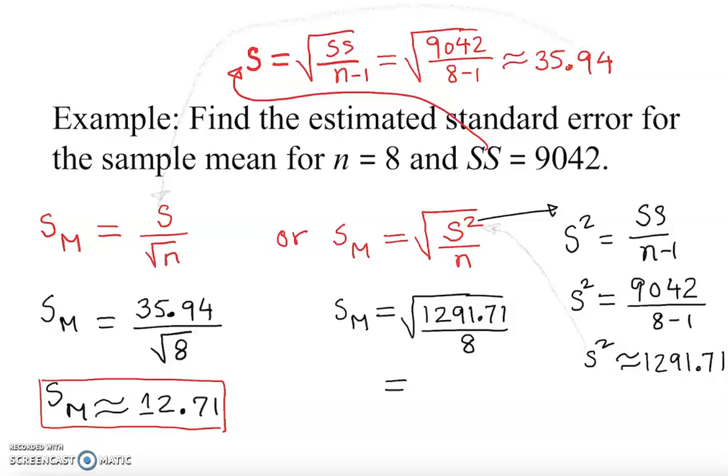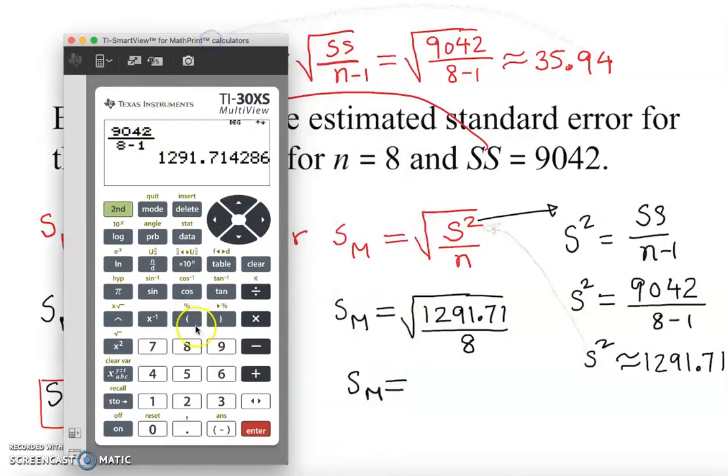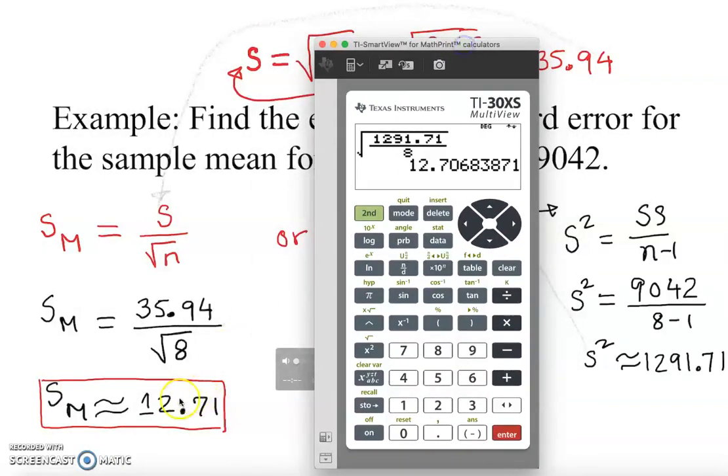Now we take help from the calculator. Clear here. Second x squared gives you the square root, and put in 1291.71 over 8. Enter. Look, exactly the same thing we found: 12.71 and 12.71.